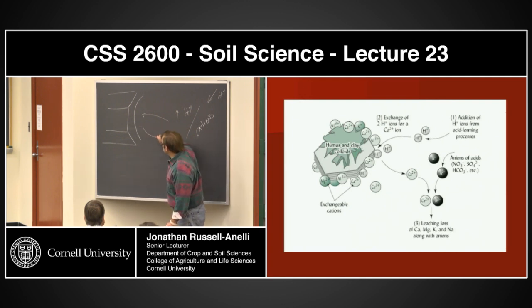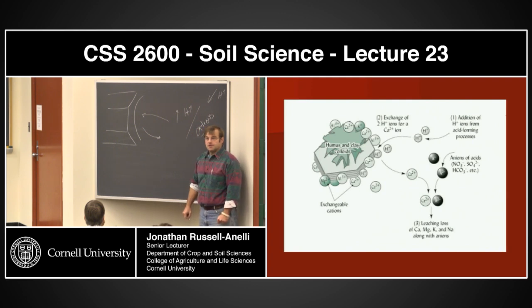Which means more of these cations are going to be coming off. And in essence, these cations are neutralizing the proton. They're acting like bases. And that's why we call them base cations. Does that make sense to everybody? Questions on that?